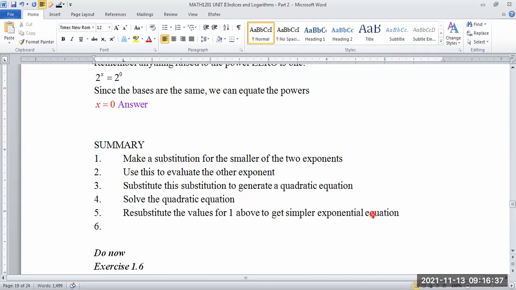In step six, solve the exponential equations, because more than one is supposed to get solved.